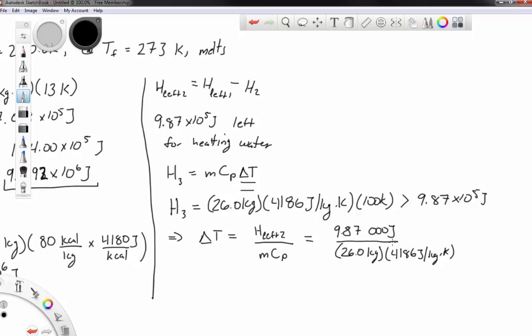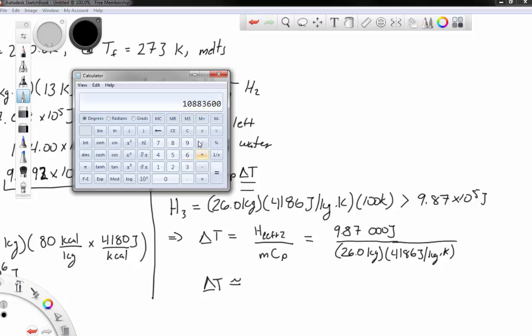And of course what we're going to find here is a change in temperature in Kelvin, which is also equal to the change in temperature in degrees C. So we need to put all of these into our calculator to get an answer. So let's start off with 987,000 joules.